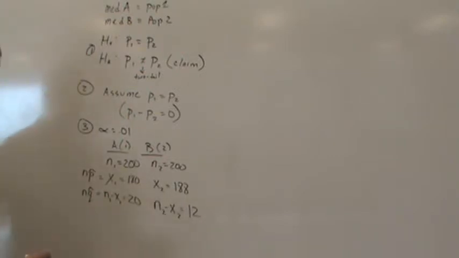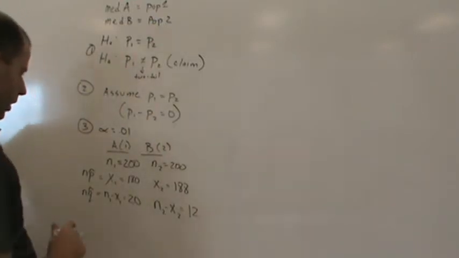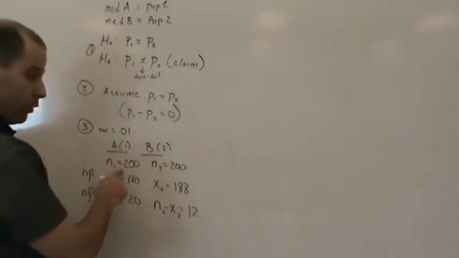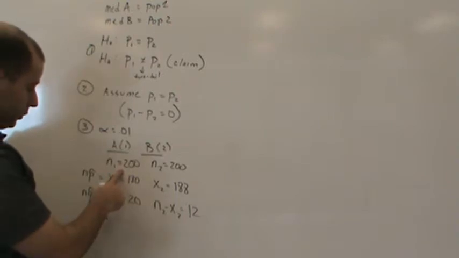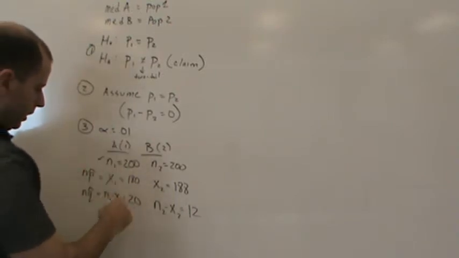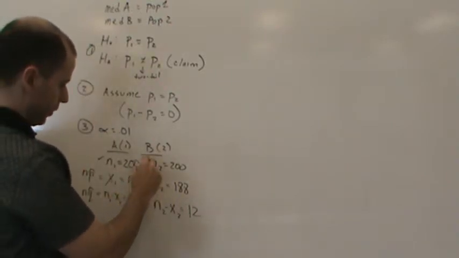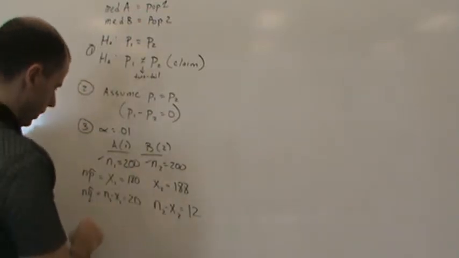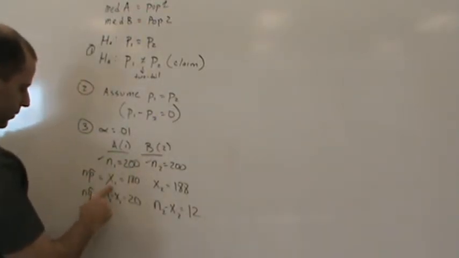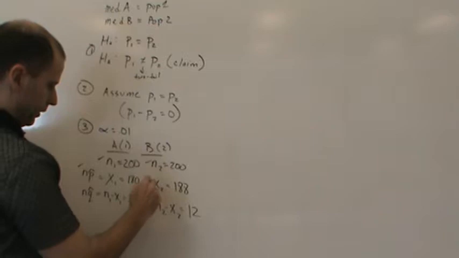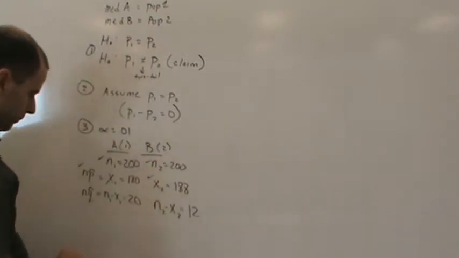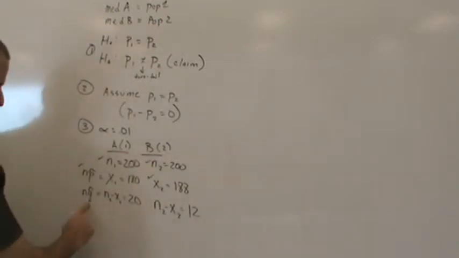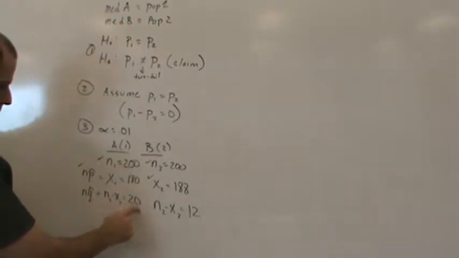So now, let's do our checks. N1 is bigger than or equal to 30, check. N2 is bigger than or equal to 30, check. The expected number of successes for this sample is definitely bigger than or equal to 15, so that's check. This number is definitely bigger than or equal to 15. Check. The expected number of failures is definitely bigger than or equal to 15. Check.